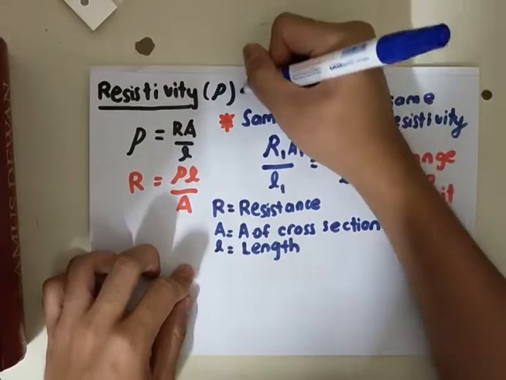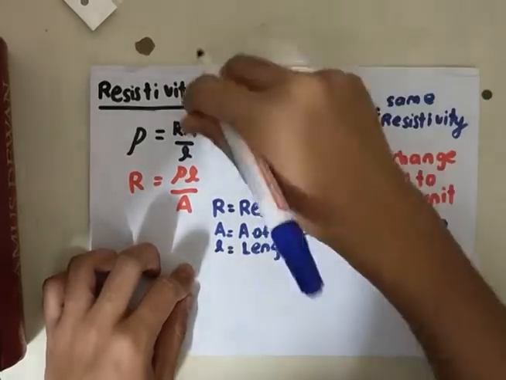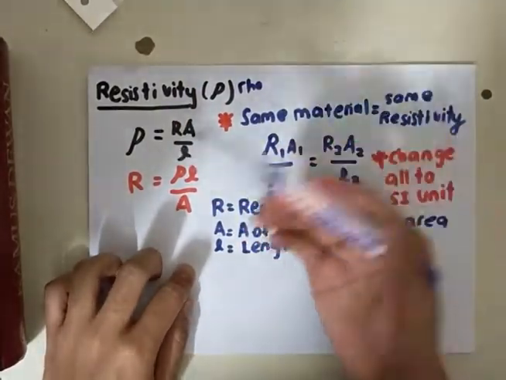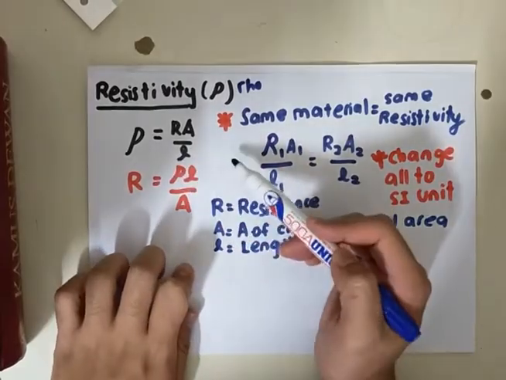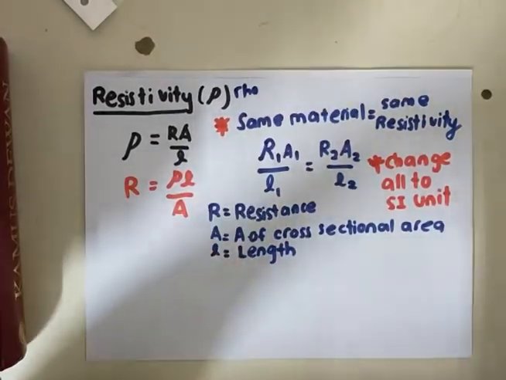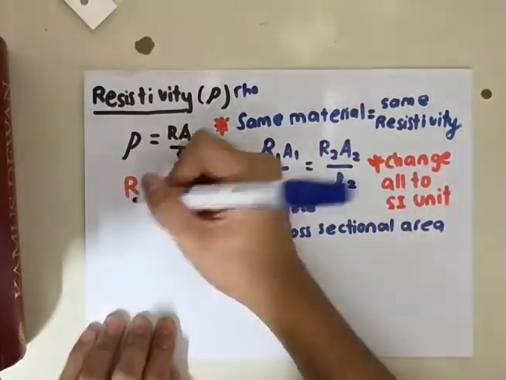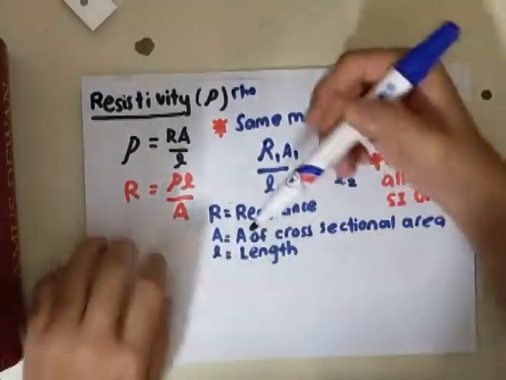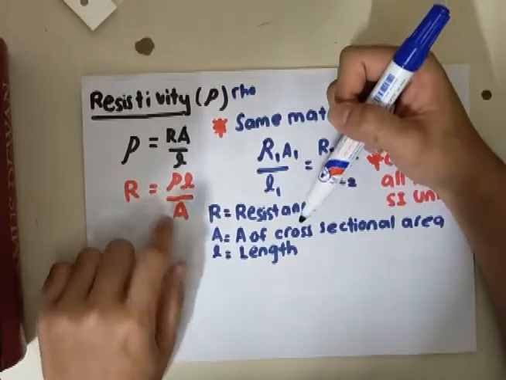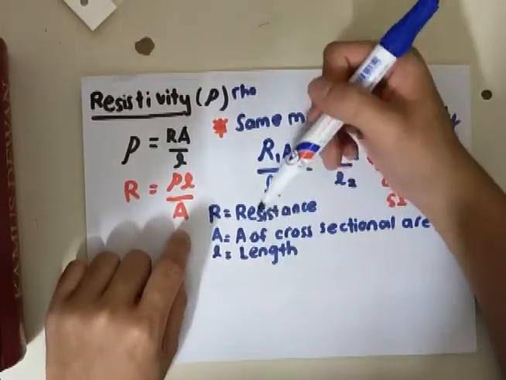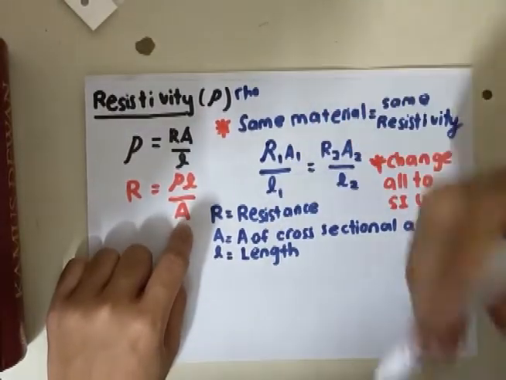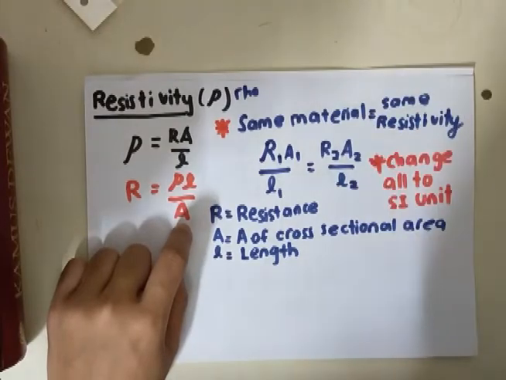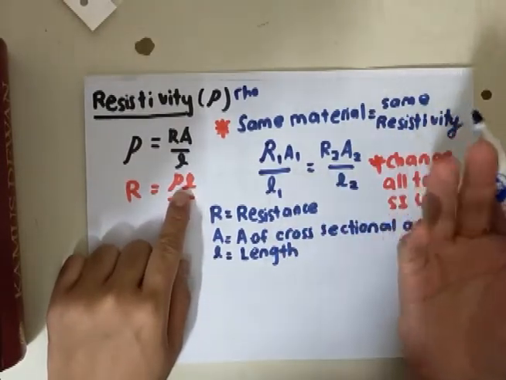The formula will be rho equals RA over L. But if you want to remember it in a different way, you can remember it as resistance equals rho L over A. R means resistance, A means the cross-sectional area of your conductor, and L means the length of the wire.